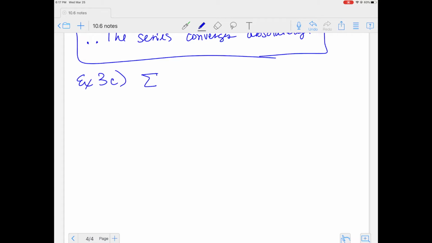If I have my series going from 1 to infinity of the sine of k over k squared, right? If I have the sine of k, well, that's just not super common. We're still going to use absolute convergence implies convergence, so let's absolute value this.